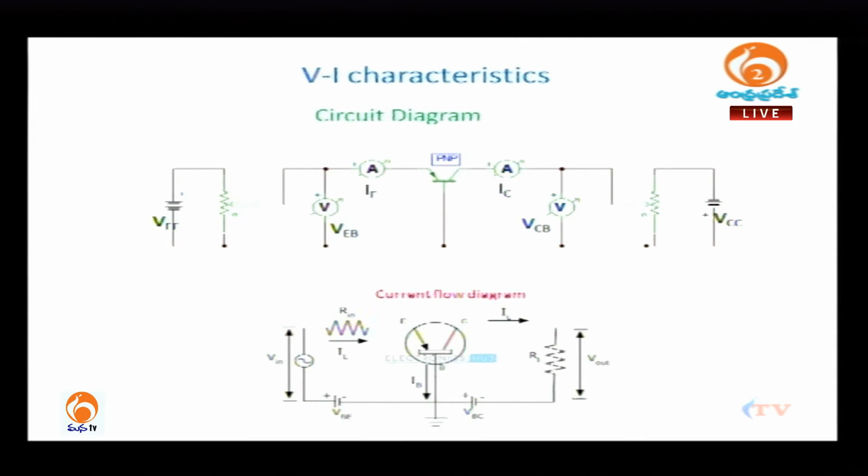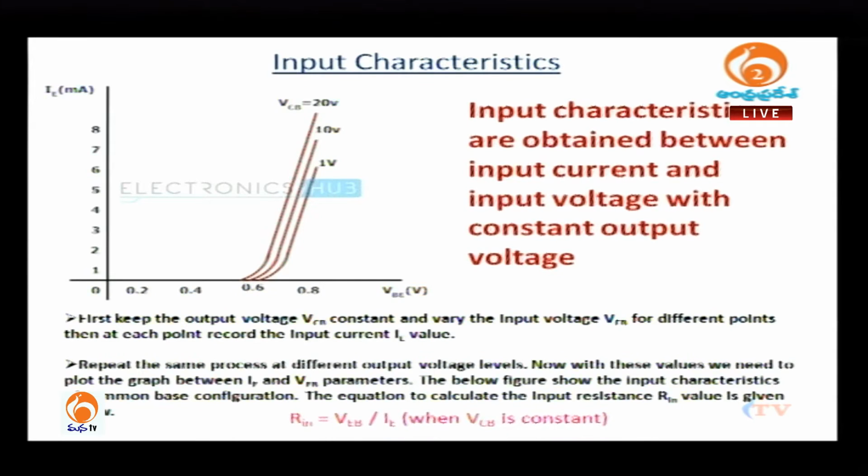Now, here the input variables are emitter current and emitter voltage with respect to base, and the output variables are collector current and collector voltage. Now, this circuit will come again next time.